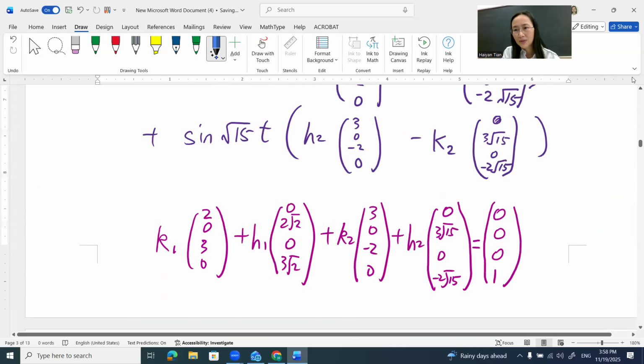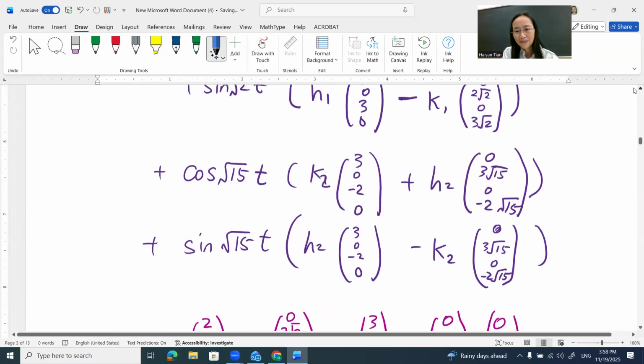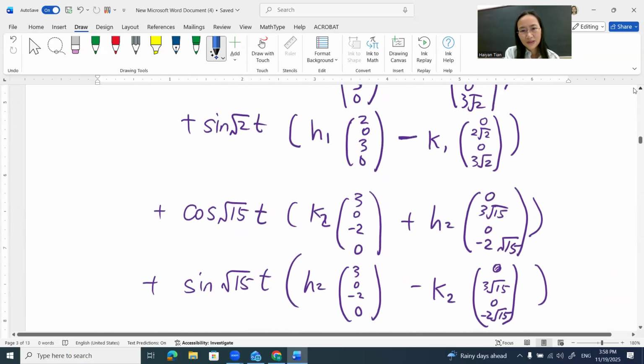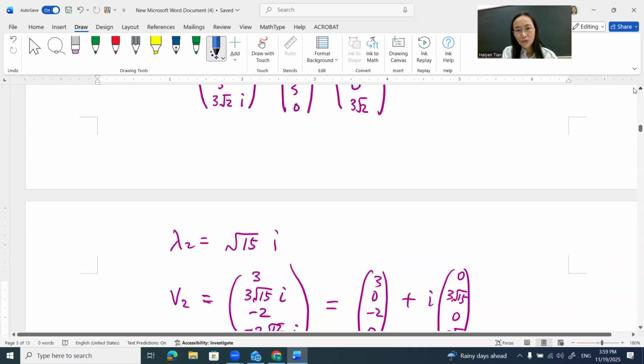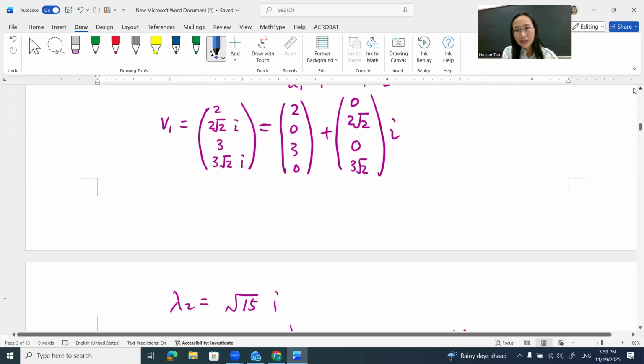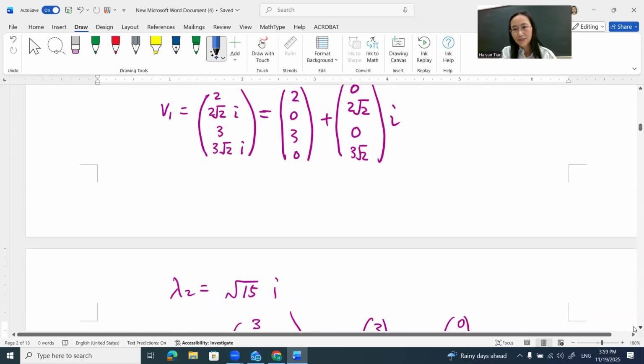Of course, applying it to a specific problem will help you understand the theorem. And you see this example has two eigenvalues and their eigenvectors. In fact, actually 4, right? Because their conjugates are not mentioned.